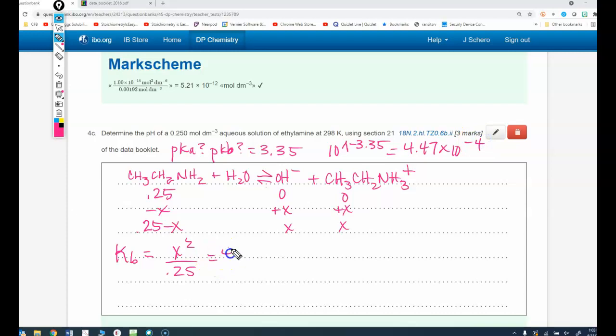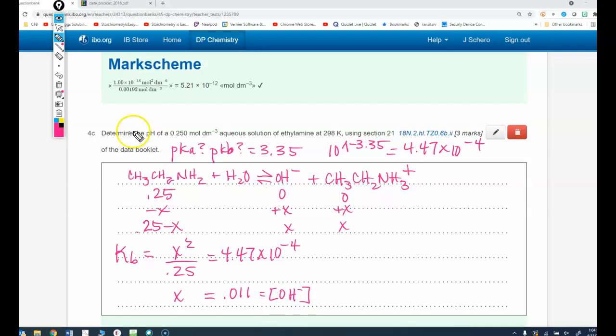Setting that up, I have 4.47 times 10 to the negative 4. Solving for x after multiplying and then square rooting: times 0.25, then square root that answer, getting x equal to 0.011, and my x is equal to the hydroxide ion concentration.